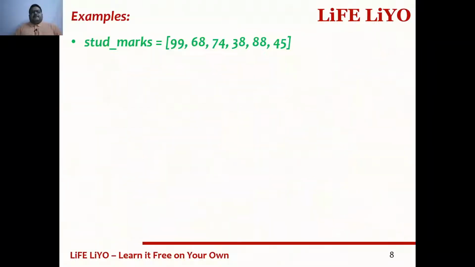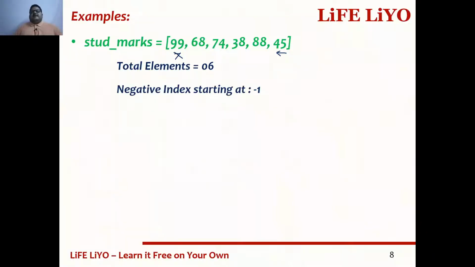Now, 99, 68, 74, 38, 88, 45. The negative indexing will not start from the starting position. From where is it going to start? The negative indexing starts from the last element.